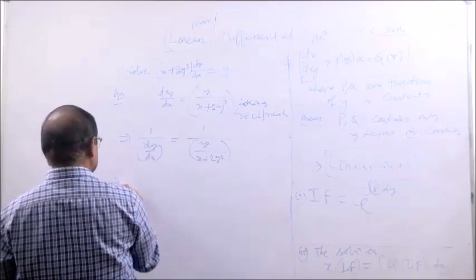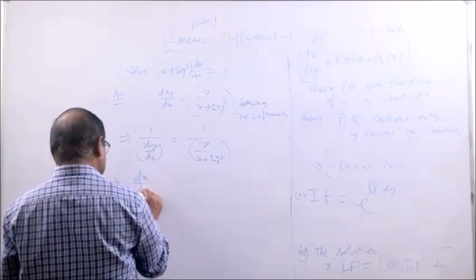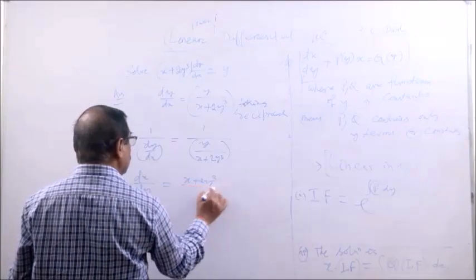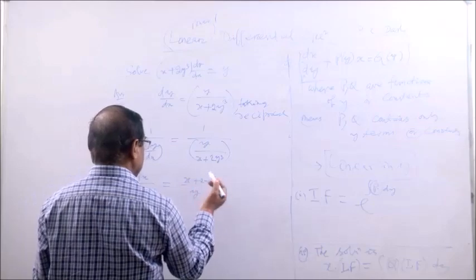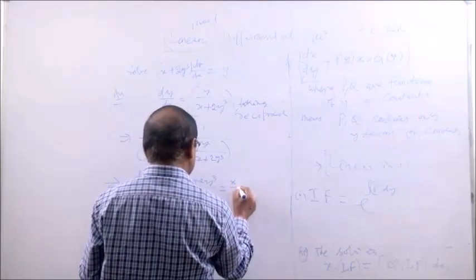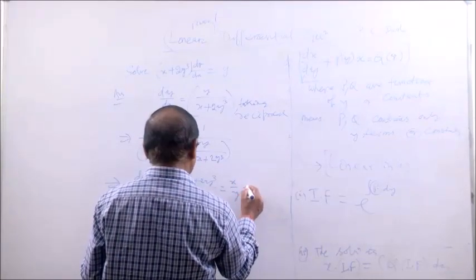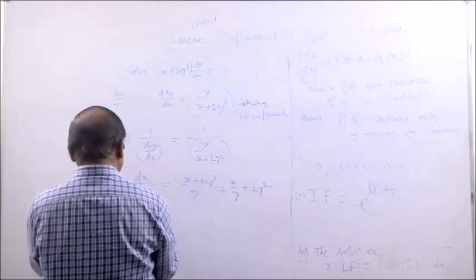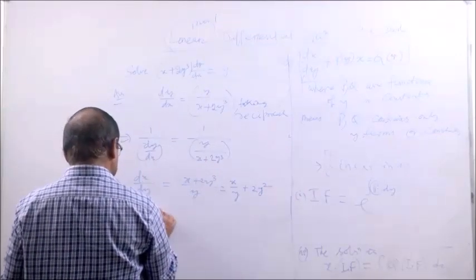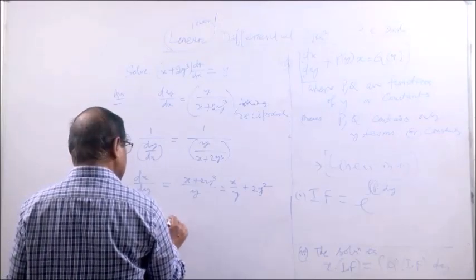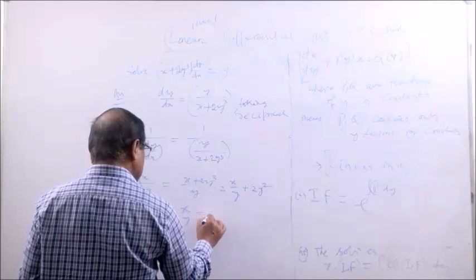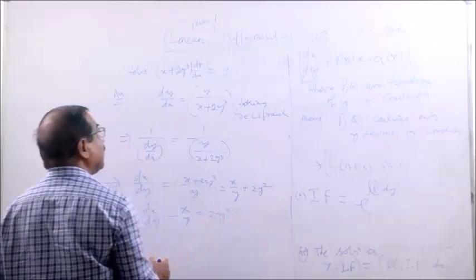That happens: dx by dy is equal to (x plus 2y cube) by y. That is x by y plus 2y square. So, let us arrange this: dx by dy minus x by y is equal to 2y square.